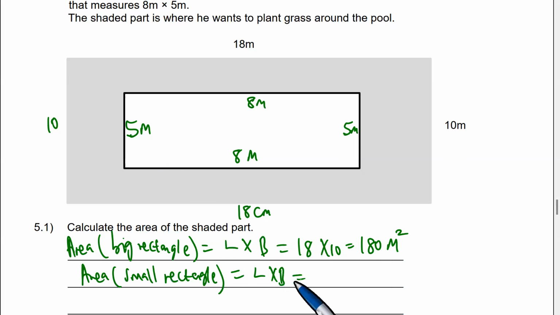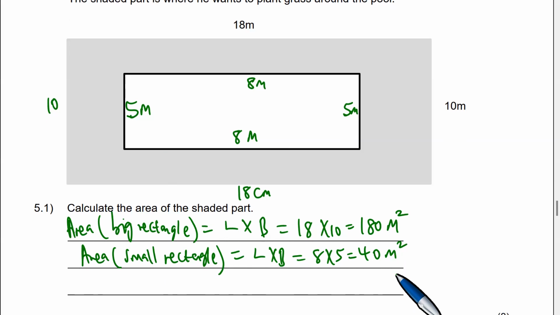Length by breadth of the small rectangle. The length is 8 by 5. 8 by 5 is 40 square meters. Area of the shaded part is going to be different.